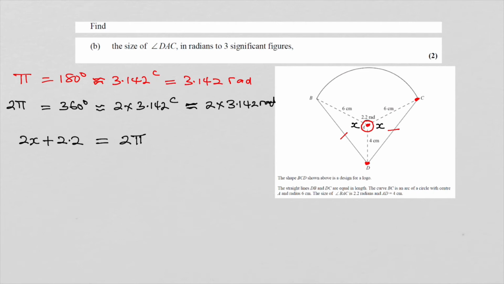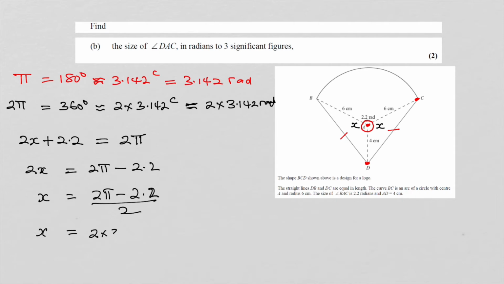And therefore, 2x equals 2 pi minus 2.2. And therefore, x equals 2 pi minus 2.2 over 2. So x will be equal to 2 times 3.142 minus 2.2 over 2, and that gives 2.04.